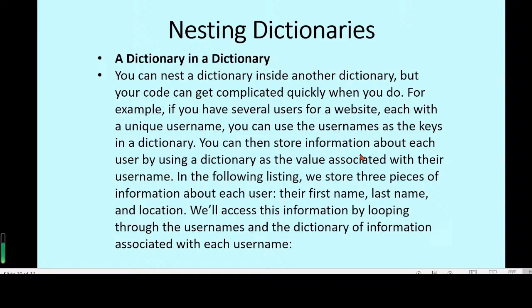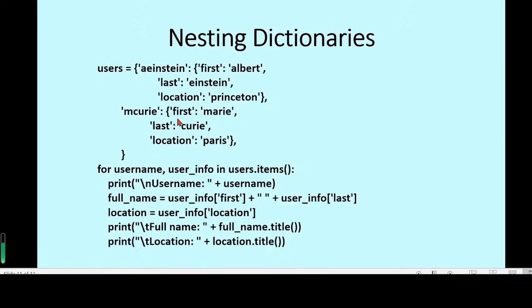You can then store information about each user by using a dictionary as the value associated with their username. So in the following listing, we store 3 pieces of information about each user: their first name, last name, and location. We will access this information by looping through the usernames and the dictionary of information associated with each username.